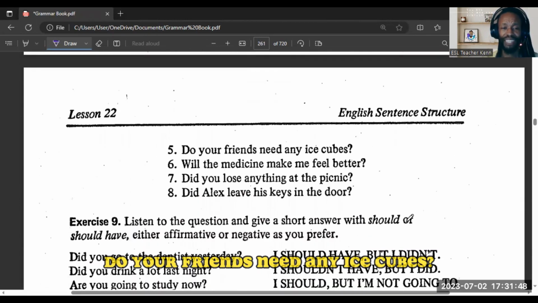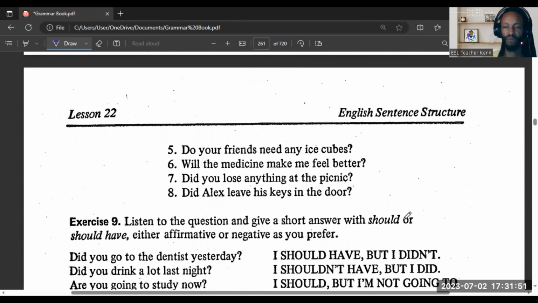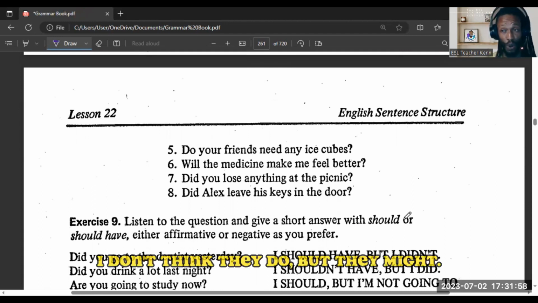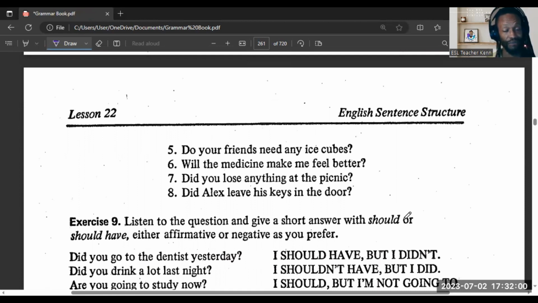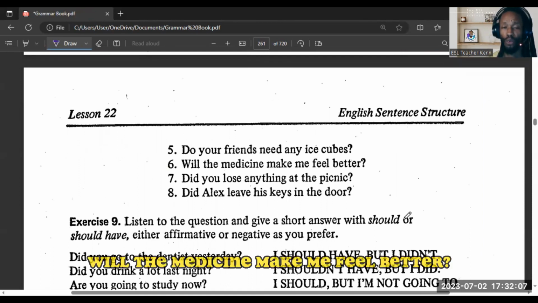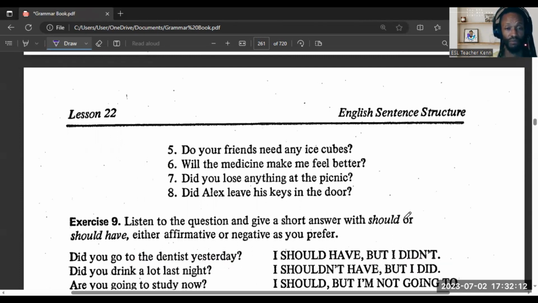Do your friends need any ice cubes? I don't think they do, but they might. Will the medicine make me feel better? I don't think it will, but it might.